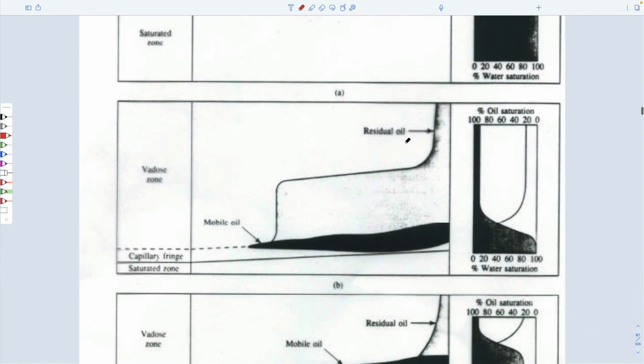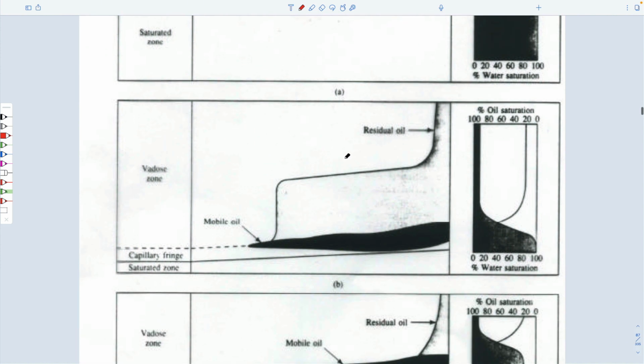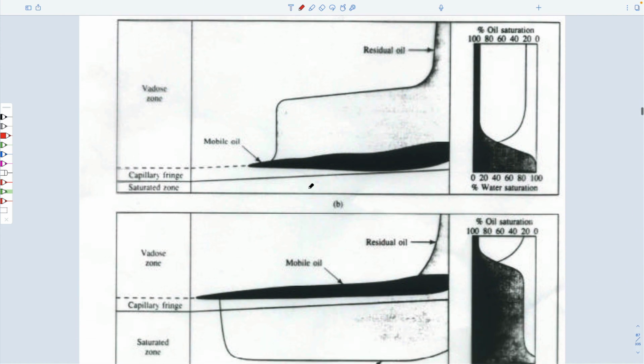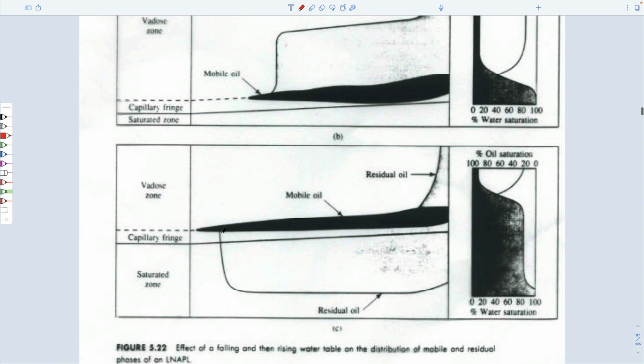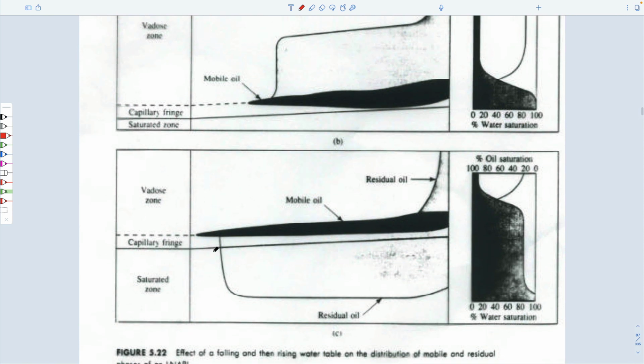If the water table drops, then it would take this lens down with it. As it takes it down with it, because it's a relatively high saturation, it would smear it. Once it's smeared it, maybe it can move further. If the water table rises again because of seasonal fluctuations in the water table, then it would smear a portion of the oil at residual saturations.